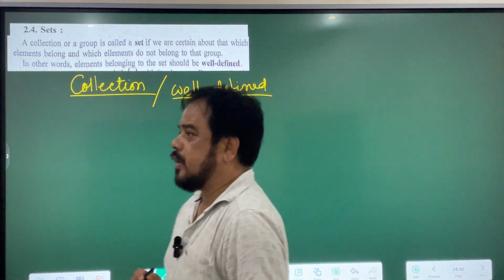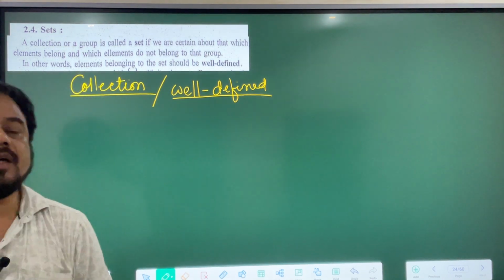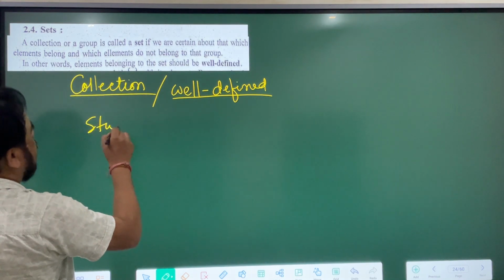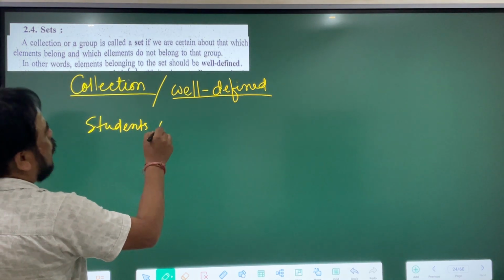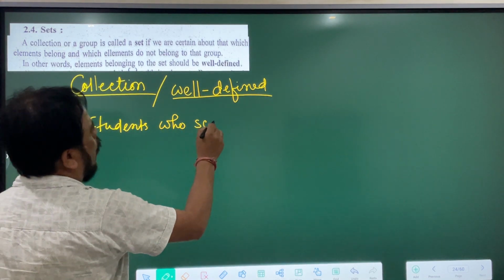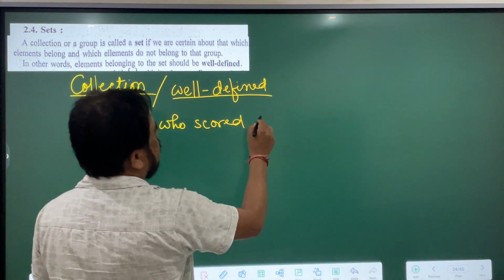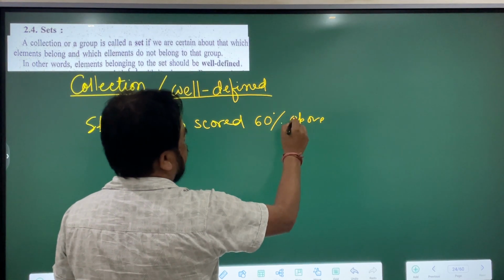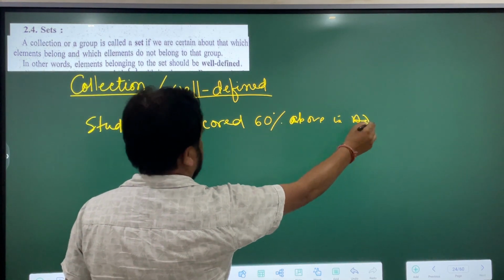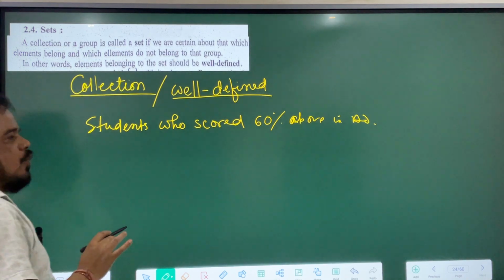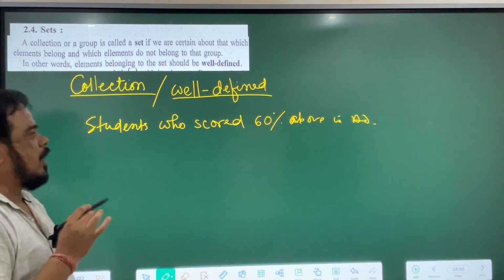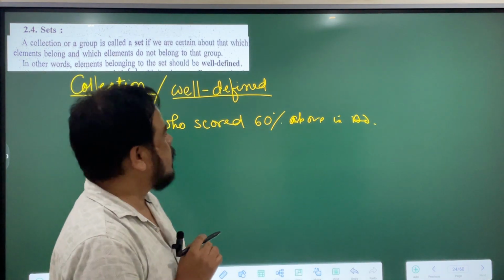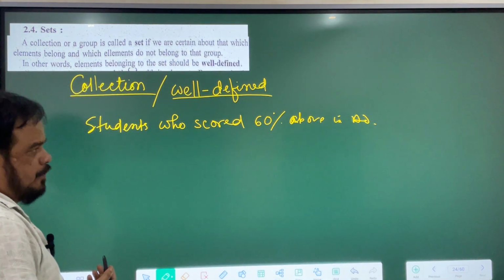So suppose the collection of the students who scored 60% and above in advanced maths. Suppose we have to collect the data of students who scored 60% marks or above.